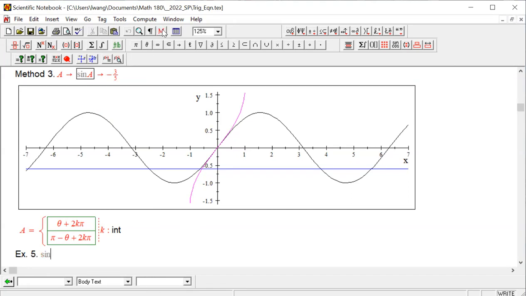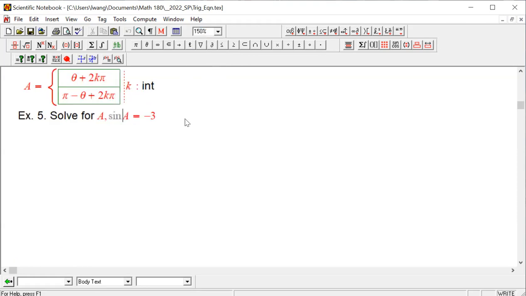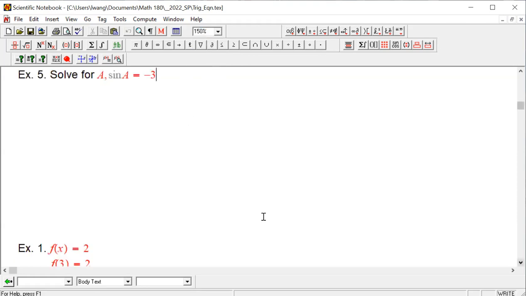Okay, solve for a, so this time we get sine of a equals -3. What will be the solution? Remember, this is an if statement. All equations are if statements, right?